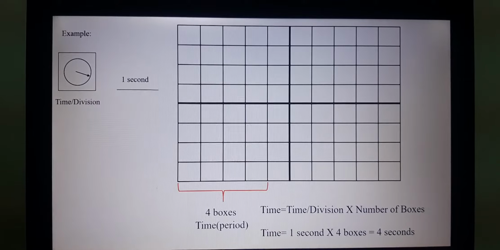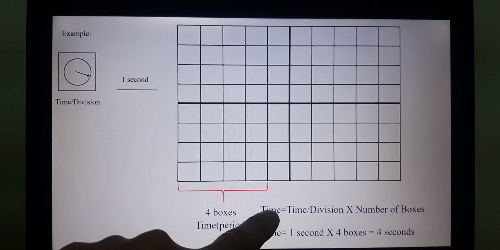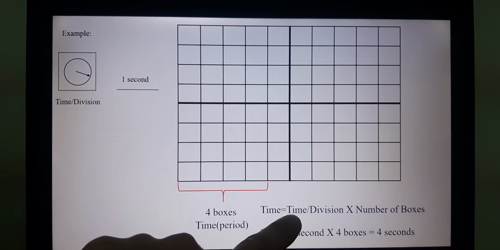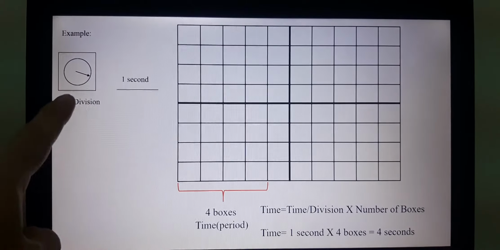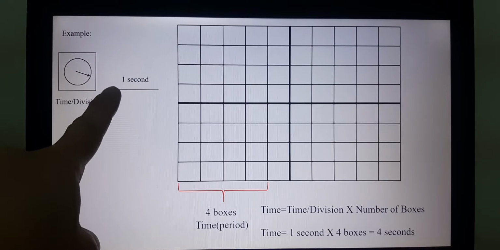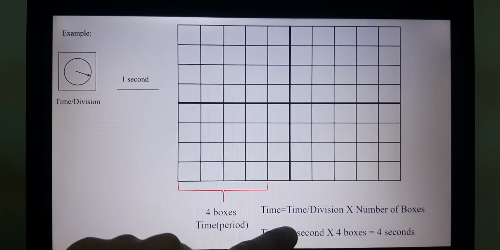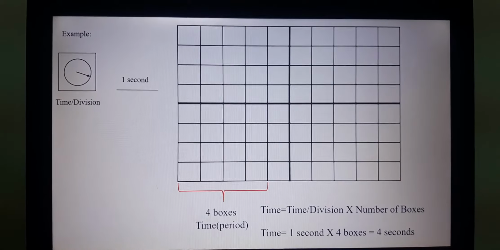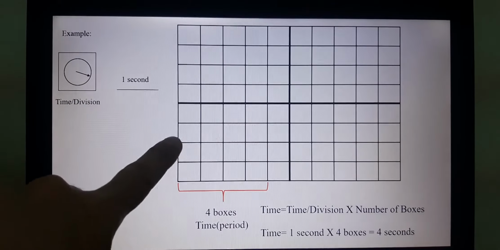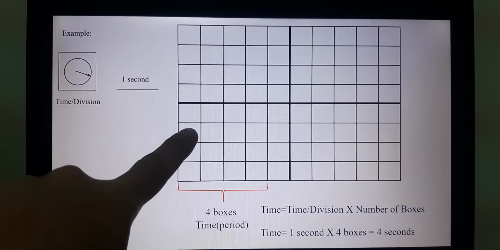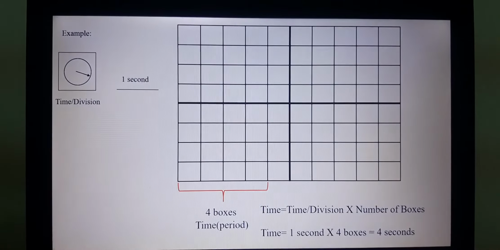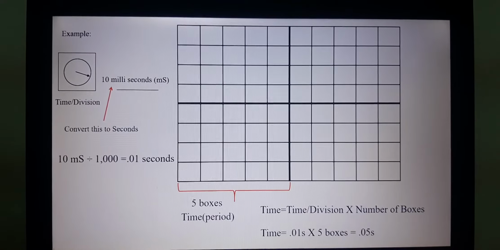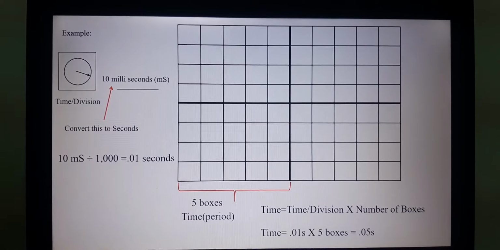So we have the formula that time is equal to time per division times the number of boxes. Since our example is 1 second, so 1 second times 4 boxes, we have 4 seconds. So 1 cycle, in this example, has a time of 4 seconds to complete the 1 cycle.